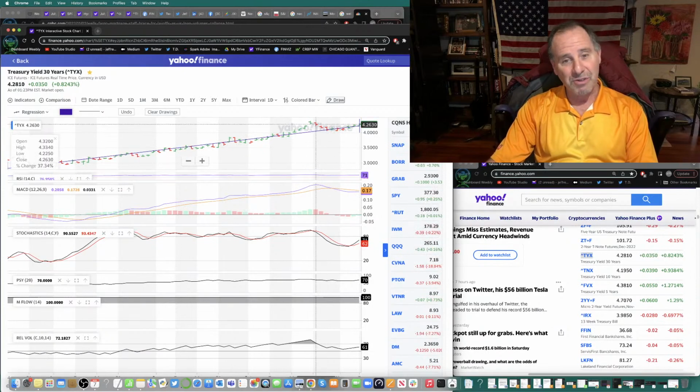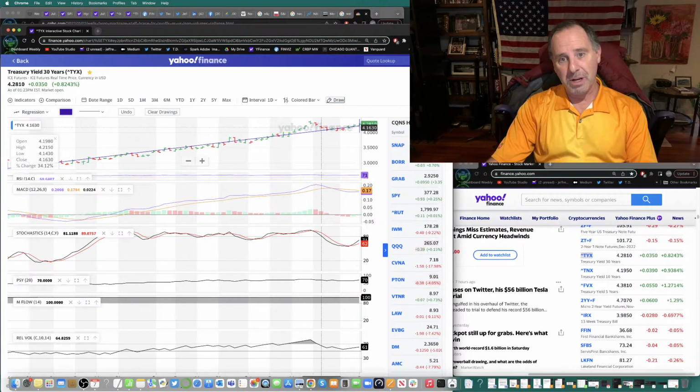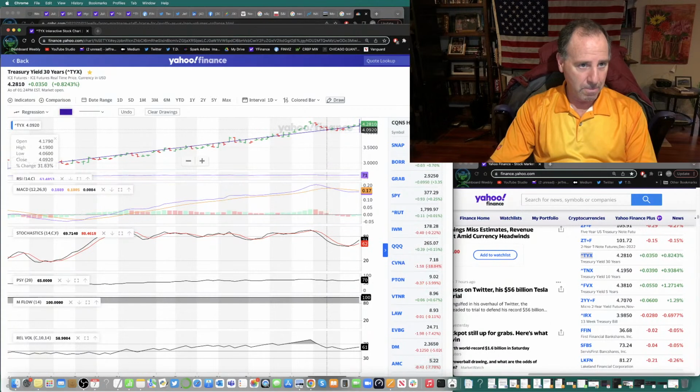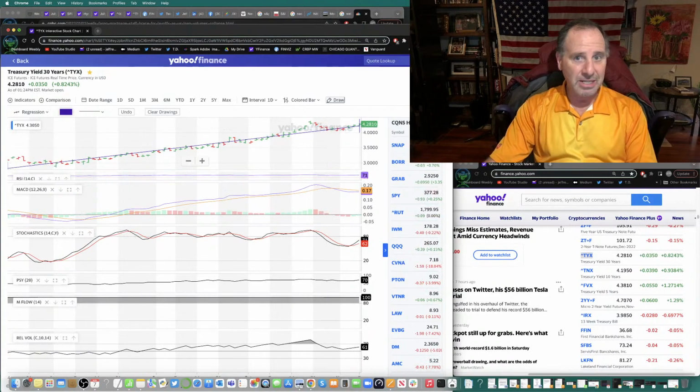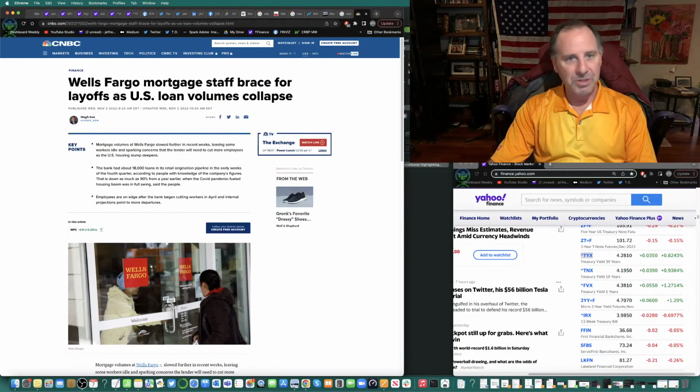That's a pretty straight regression line. Now, it goes up kind of fast, it comes back down, but it loves that line. Look at that line. That's a beautiful line. So that would say that yields are probably going to keep going up on the 30-year, which means Cullen Frost's equity valuations are probably going to keep going down.